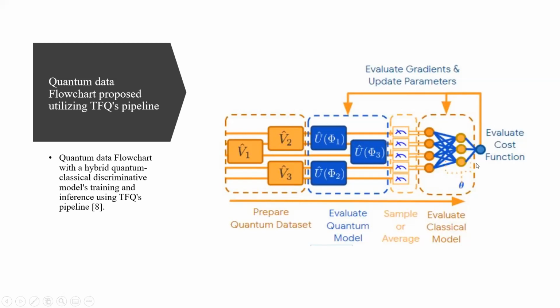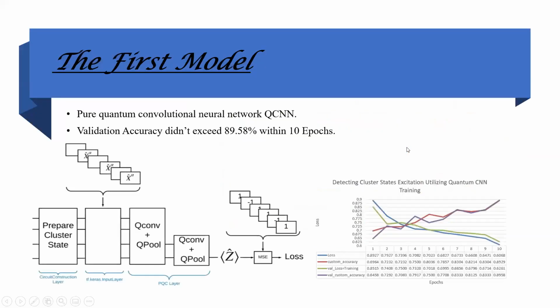If this contains a value of 100% accuracy, we can get the final data step. Otherwise, we can evaluate the data through either a quantum data evaluation or a classical model evaluation.